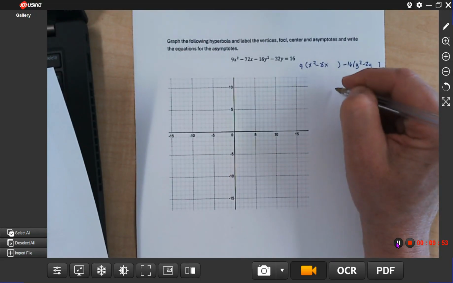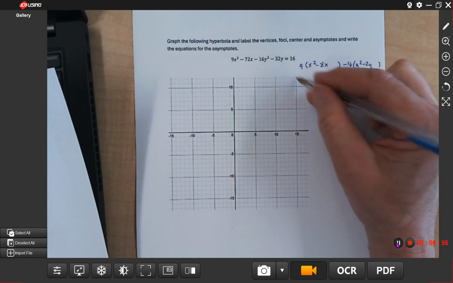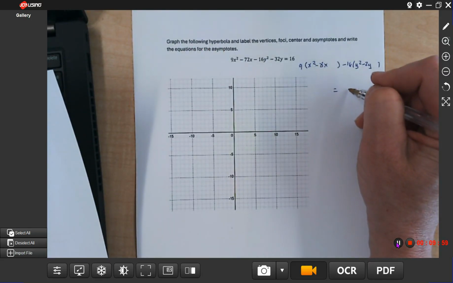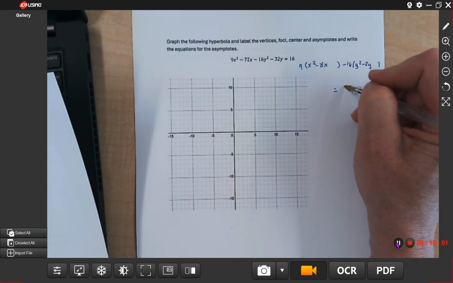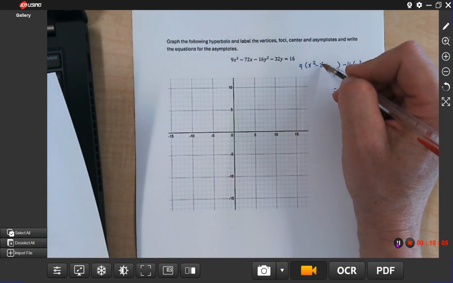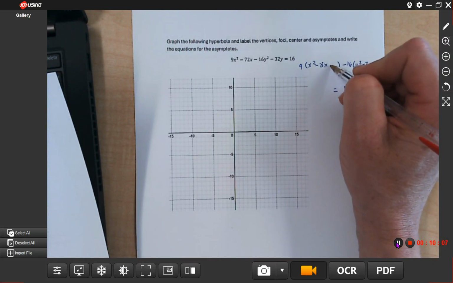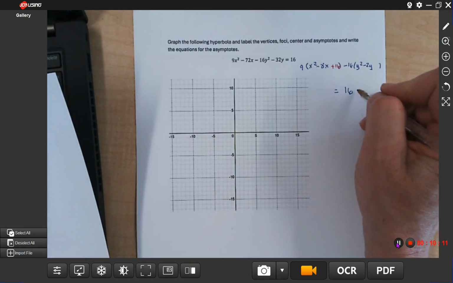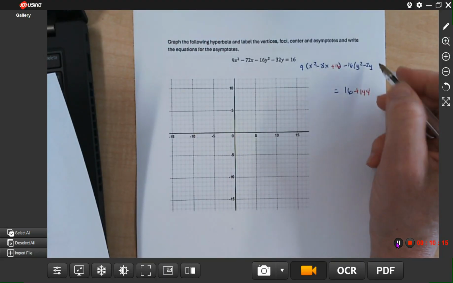Anyway, on the other side of the equation is a 16. To complete the square, I do negative 8 over 2 squared, so I'm going to add 16, which means I added 9 times 16 to the left, so I have to add 9 times 16 to the right.